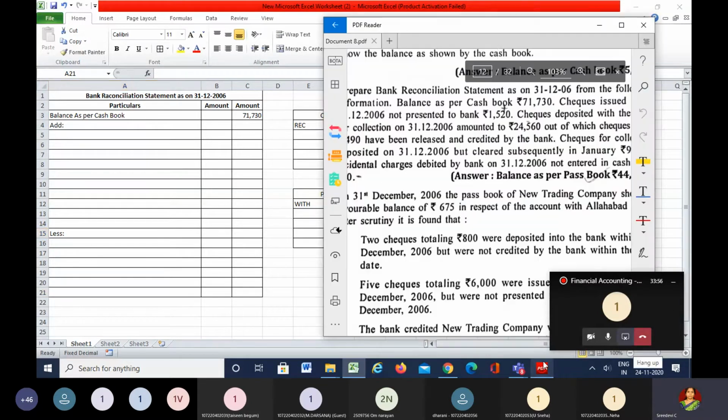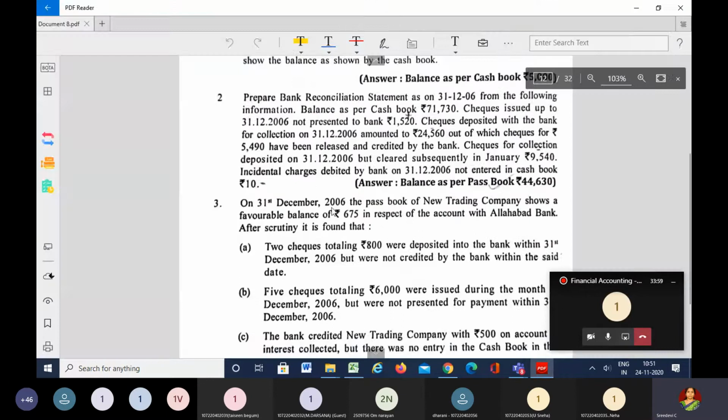Now let's see the first transaction. Now this is not given in the point wise, it's just in a paragraph, but here you need to divide each and every sentence, okay? And accordingly you have to give the treatment in the bank reconciliation statement. So already we posted the balance as per the cash book is 71,730. So whenever you look into a given balance, first you have to see whether it is a favorable or an unfavorable.